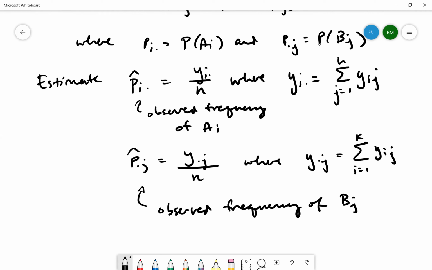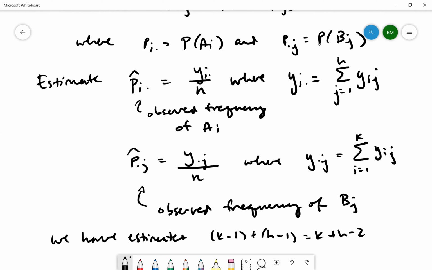So in doing this, we have estimated k minus 1 plus h minus 1, which is k plus h minus 2 parameters. Because when you're estimating the probability of Ai, you only need to do this from A1 through Ak minus 1.